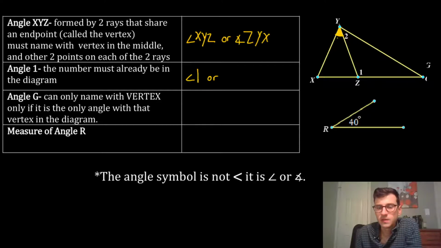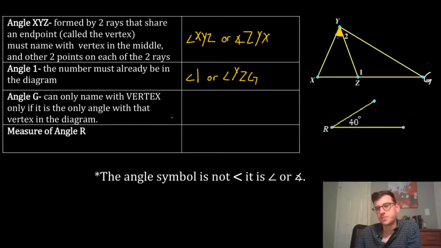Or, in this case, remember vertex in the middle, we could call it angle G. There's angle G, so we could call it angle YZG, or GZY, right? Either of those are fine.